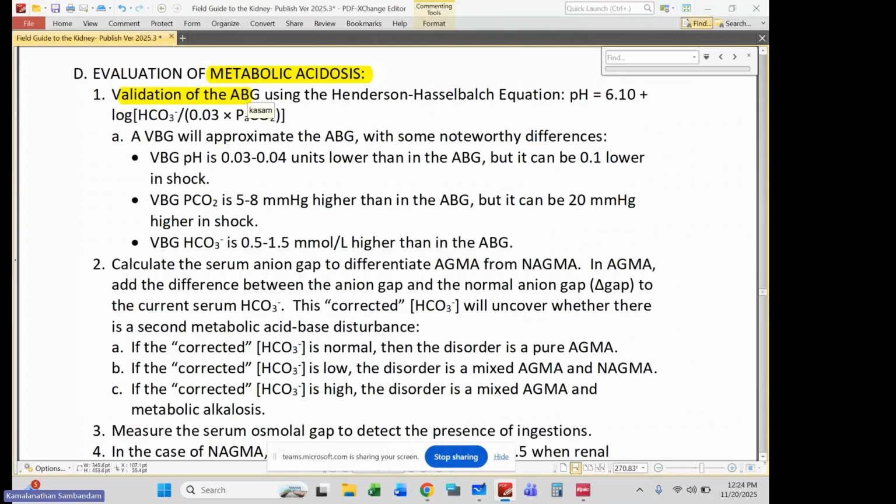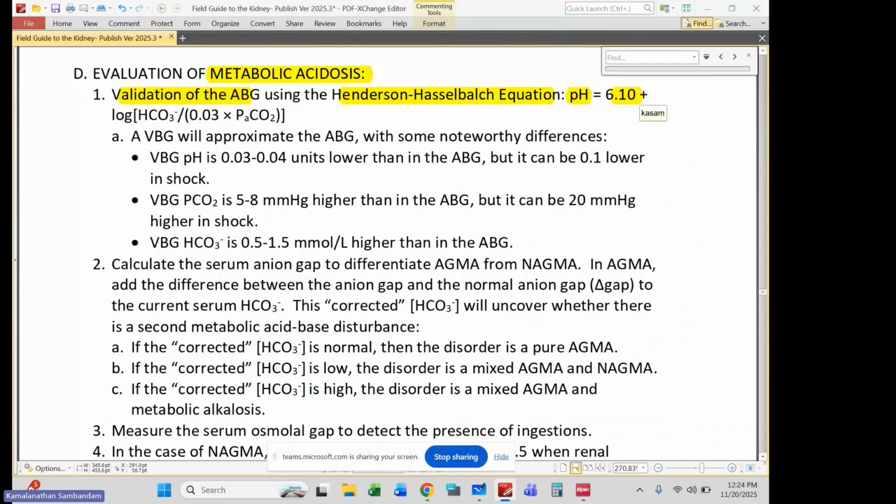Most of us will skip that, but I would offer that you should have sufficient experience doing this a couple of times so that you at least know the principles in the Henderson-Hasselbalch if you're not memorizing the formula. pH is equal to the pKa, or the effective pKa, of the carbonic acid buffer system.